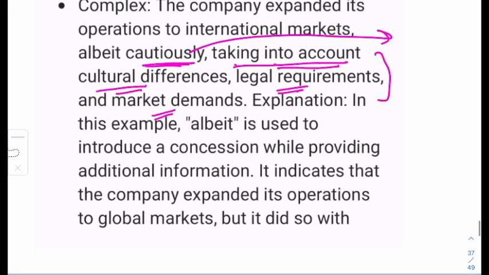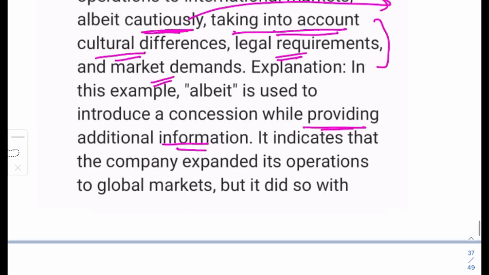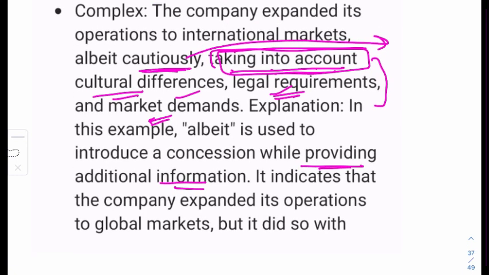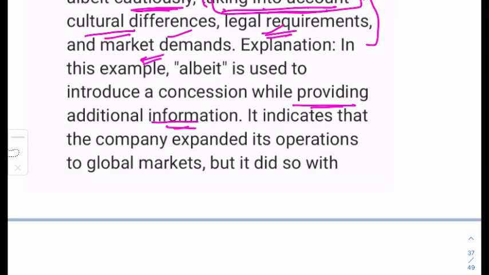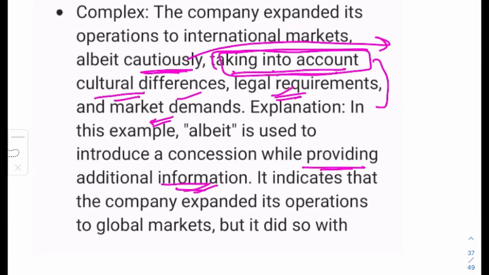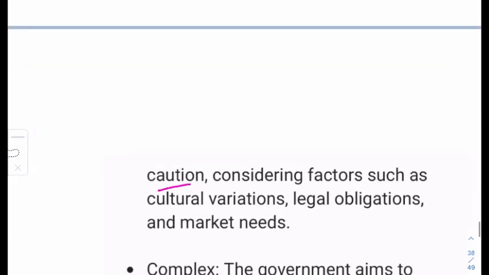So here you are providing additional information, taking into account. This can also be your linking. Have you understood? So we can give additional information also through albeit. But it did so with caution, considering factors such as these.